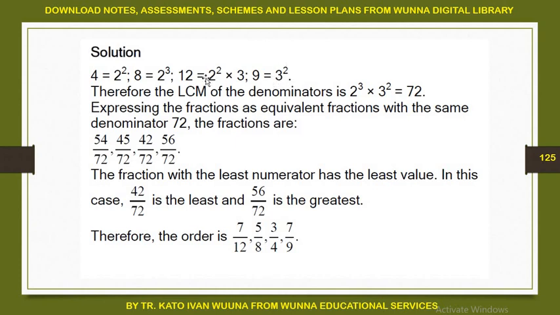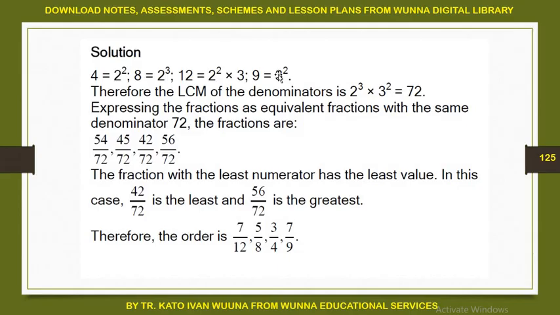So we shall take the highest order of 2, which is 2 cubed, times the highest order of 3, which is 3 squared. We multiply 2 cubed times 3 squared.